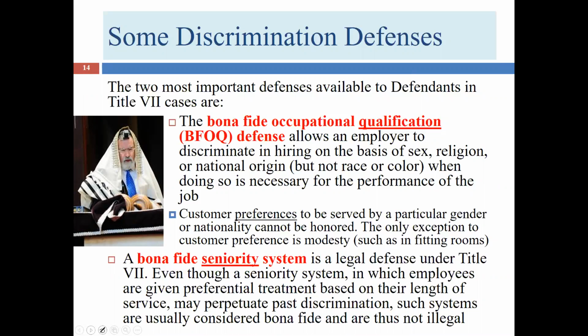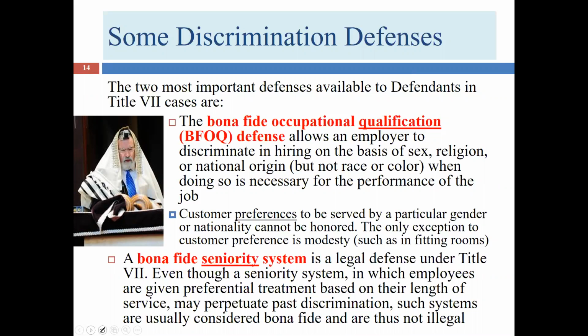And the idea might be that you wanted the customers to feel comfortable, maybe not being fully clothed in front of the person who's carrying the clothes in and out. Many customers would feel more comfortable being not fully clothed in front of somebody of their own gender. And so a rule that a department store could have, which is fitting room attendants have to be of the gender of the particular fitting room to which they are assigned, that would be considered an appropriate BFOQ.